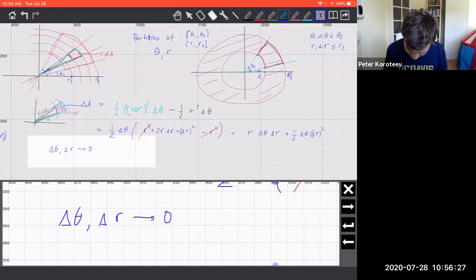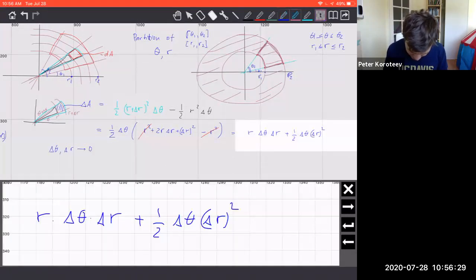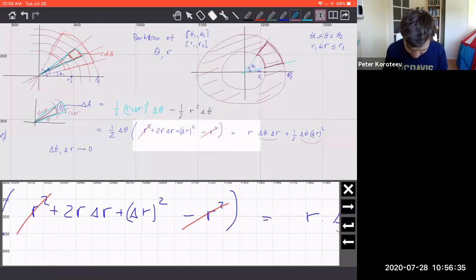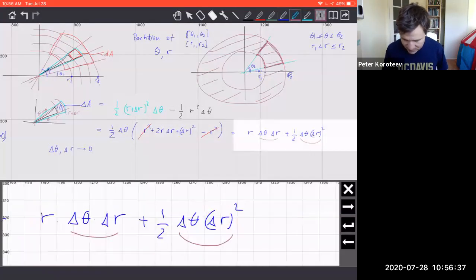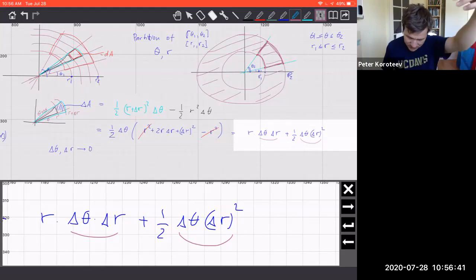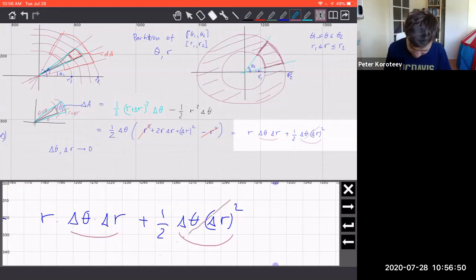And then in this expression, this thing is much smaller than that, right? Because when delta r is small, delta r squared is much smaller than delta r. So it's the next order in expansion in delta r. So in the limit, we can neglect this thing, we can remove it.